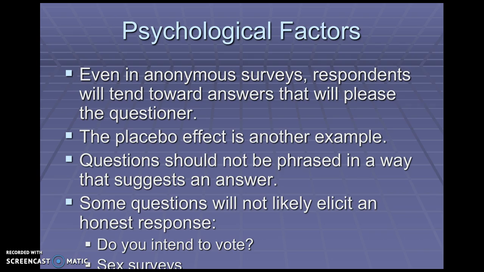All right, psychological factors. It's not just important to look at the sample size and the population and how the sample is chosen, but also how the questions are asked. Because even in anonymous surveys, respondents will tend toward answers that will please the questioner. So if I was going to do a poll on, say, gun control and say, hey, I'm from the National Rifle Association and I want to know what you think of gun control, people are more likely to say they're opposed to it.